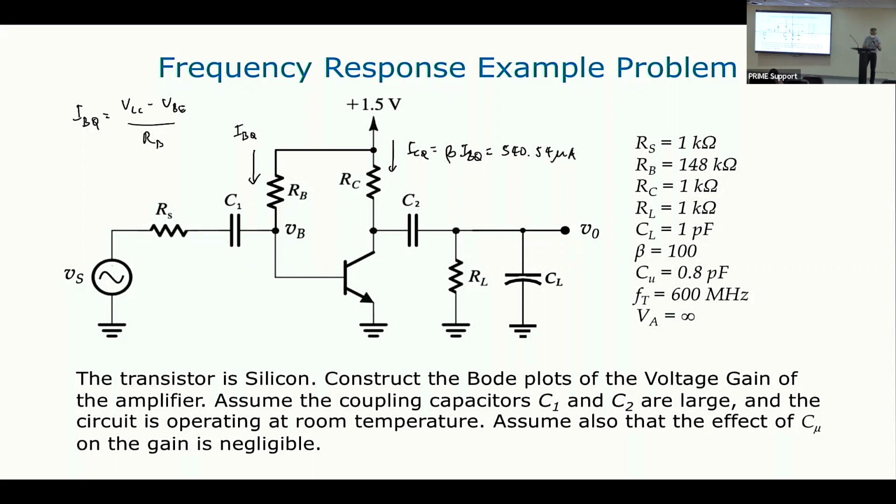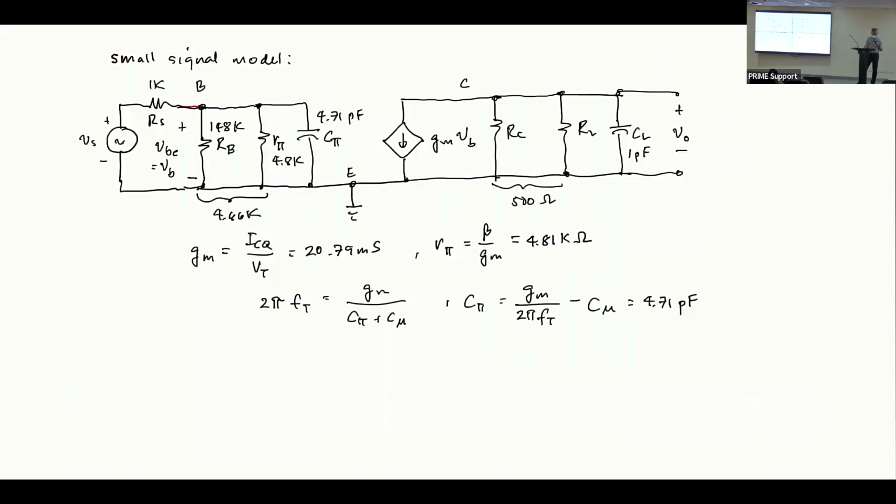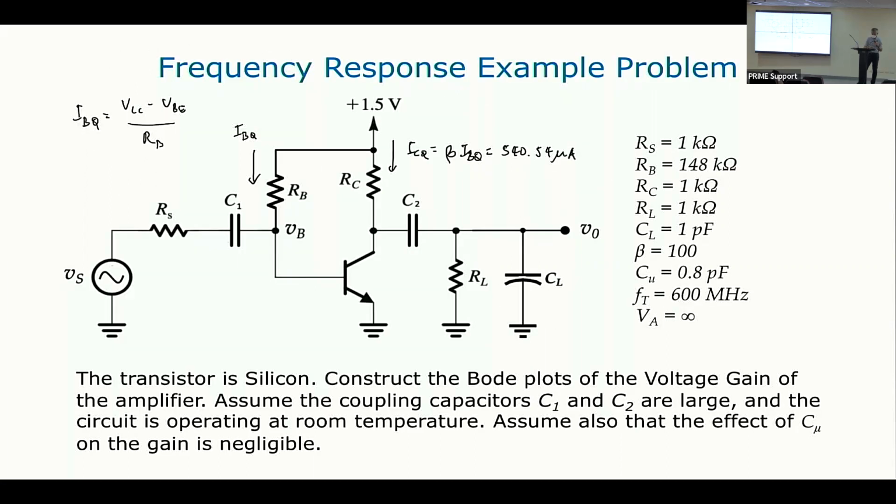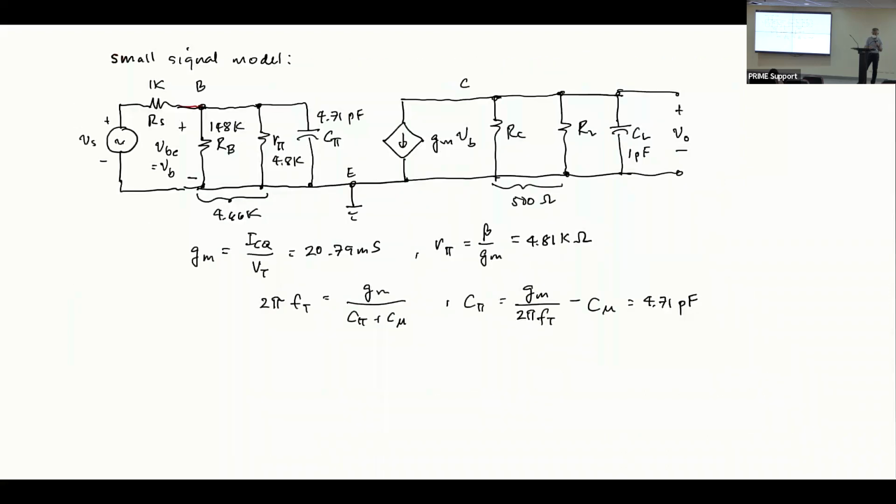And so now I can get the small signal parameters of my transistor. Ito yung gm, ICQ over VT. It is given here that the circuit is operating at room temperature. ICQ over VT, I'm going to get 20.79 millisiemens. I can get rπ, that's β over gm, 4.81 kilo ohms.